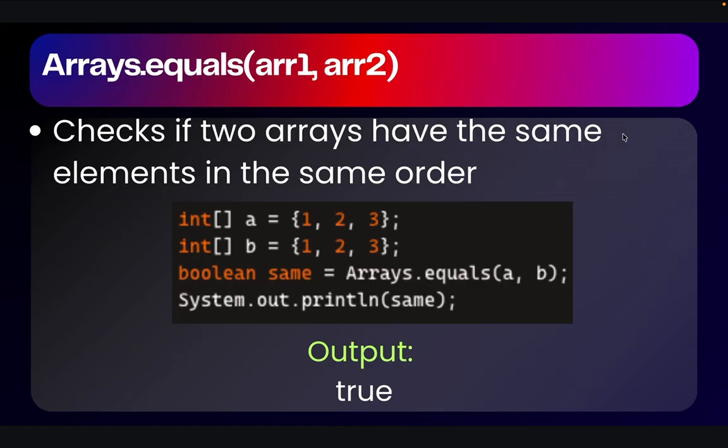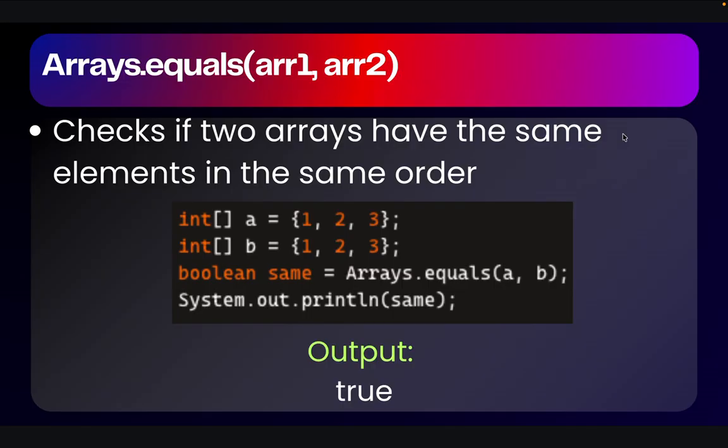And lastly, we have your equals method, and this is literally going to see if an array is equal to another array. Now, when it comes to this, the arrays can have the same elements, but if they are not in the same order, they do not equal. So for this case, they must have the same elements in the same order to be equal to each other.